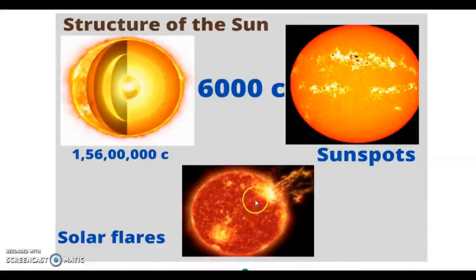So what do these blasts release? Yes, they release a large amount of energy. So these great blasts of energy are called solar flares. You can see here, the sun is releasing a large amount of energy in its blast. So these are called solar flares.